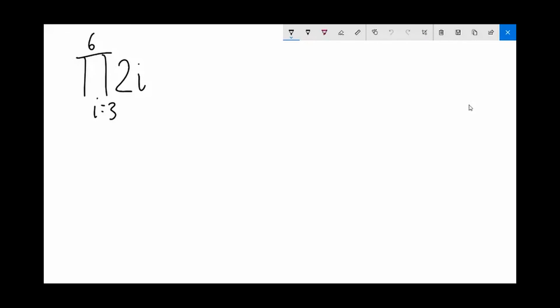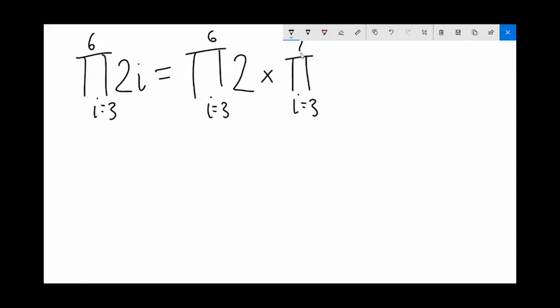So here is another example, really similar to the last one, but this is just to show you how to factorize out a scalar. As multiplication is commutative, that means it doesn't matter which order you do it in, the outcome will always be the same. This can be split into two parts. So it can be the product between i equals 3 to 6 of 2 times the product between i equals 3 and 6 of i. Now, as this here doesn't contain an i component, this means that it will always be 2.